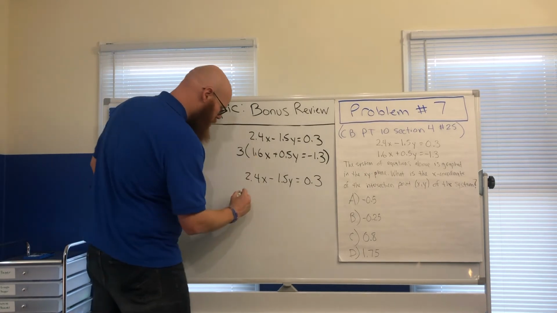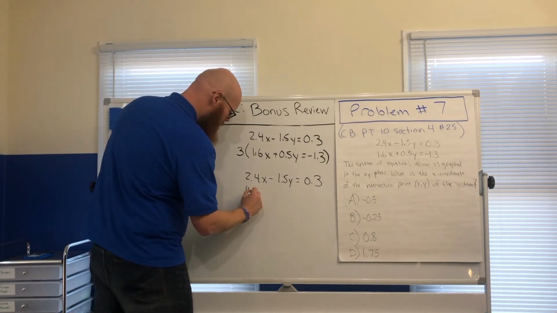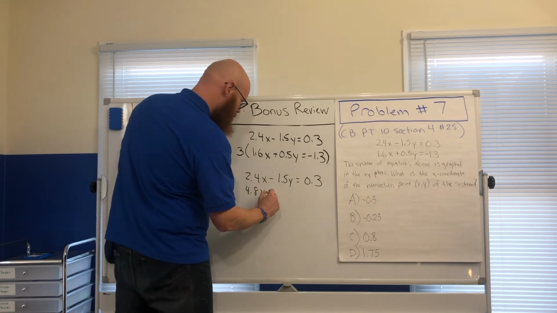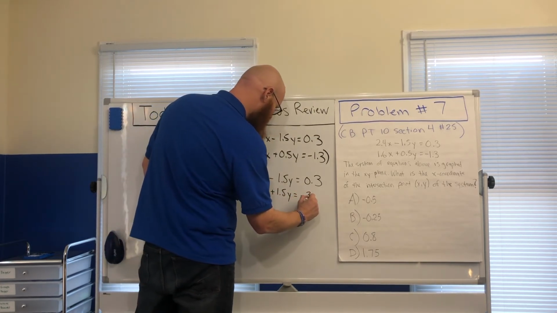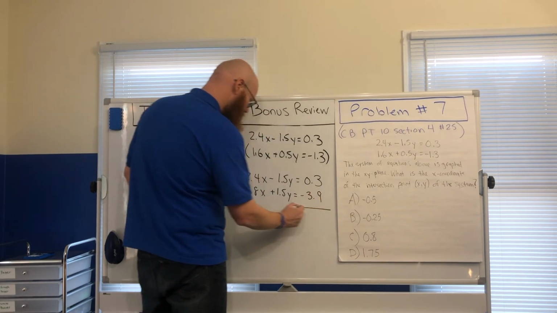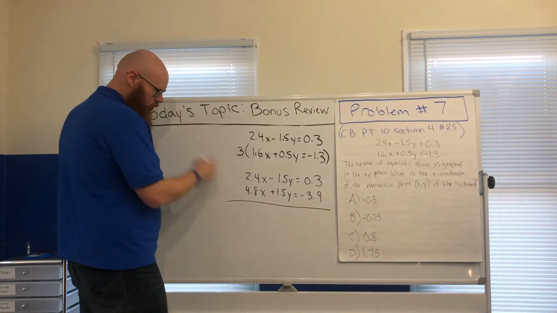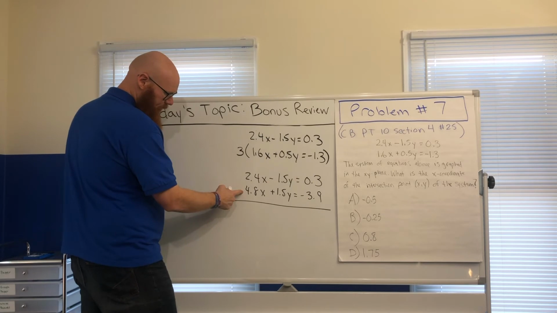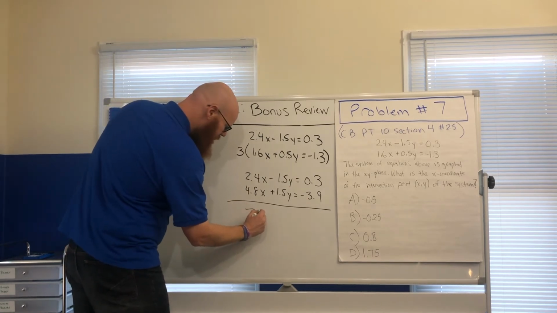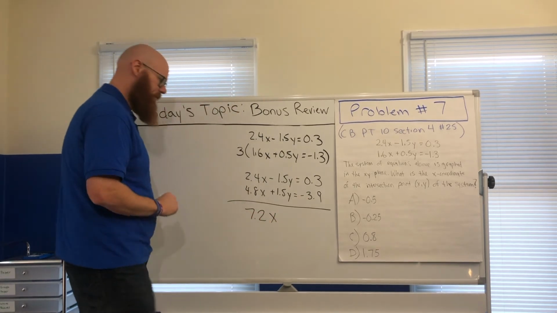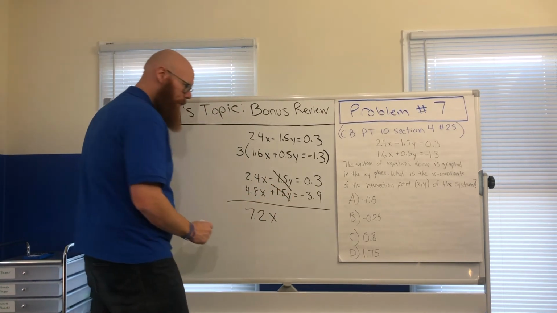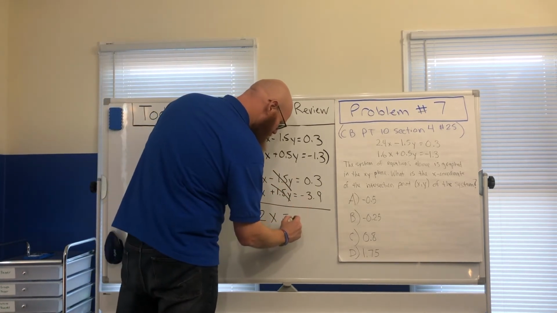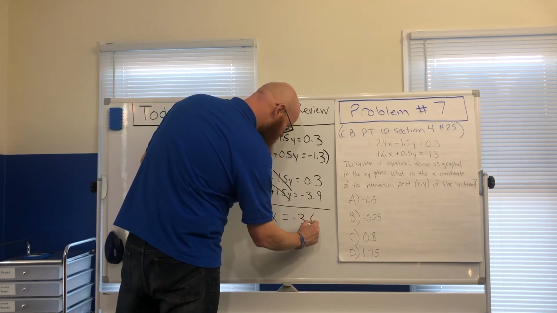So I distribute the 3, and I get 4.8x plus 1.5y equals negative 3.9. And then we add. So when we add the equations together, this is going to give me 7.2x. The y's are going to eliminate, and this is going to give me negative 3.6.